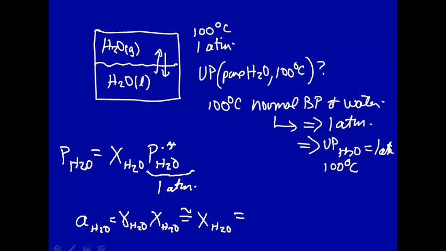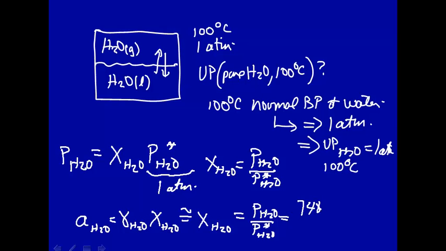So the activity of water, or the mole fraction of water, is the vapor pressure of water in that solution over the vapor pressure of pure water. The vapor pressure given in the problem is 748.2 millimeter mercury.